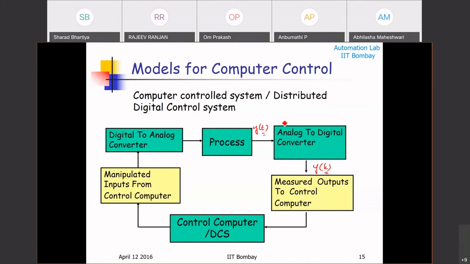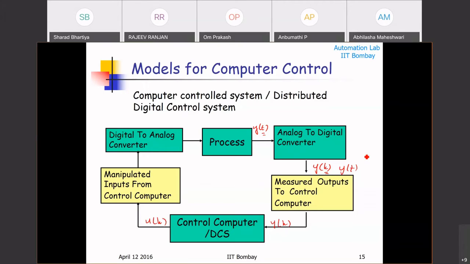Though in system identification, we very often use y of t even over here because we don't work with continuous time models, at least in any dominant sense. And then if you have y of k, you generate a control output which has to be injected into the plant, and that is u of k.